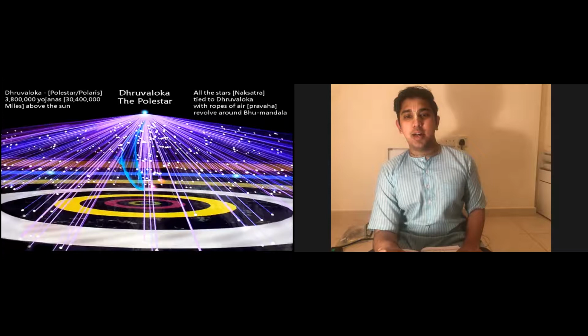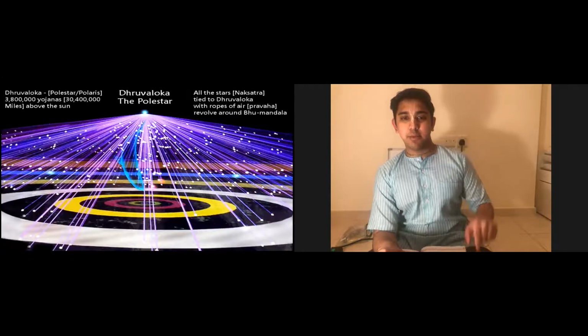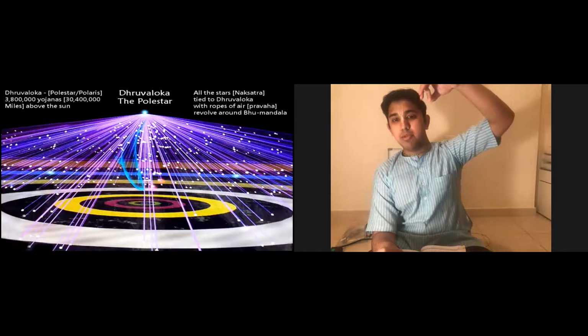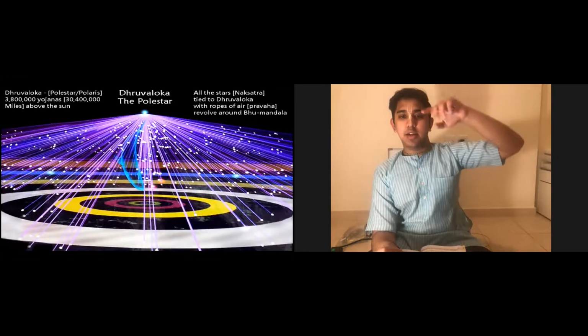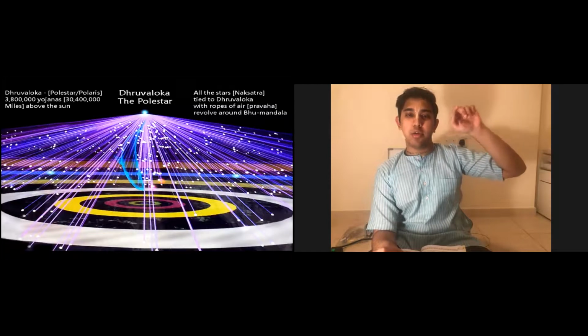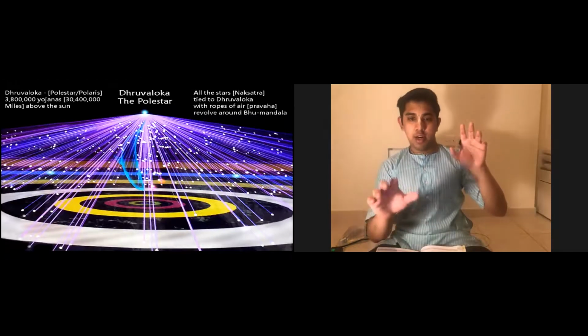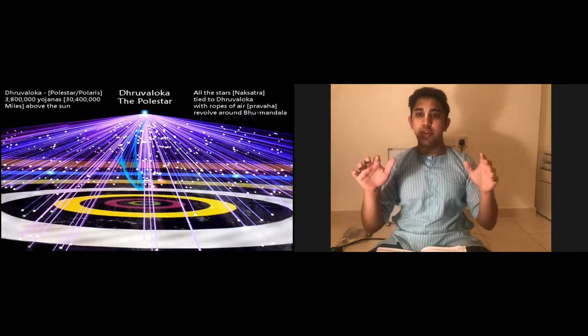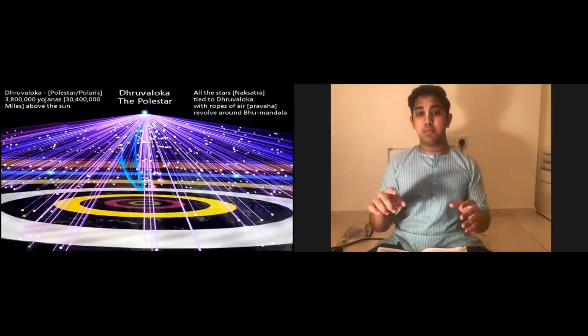So the pole star is said to be like the pivot, the hub, the axis. Connected to the pole star are all these luminaries, these constellations. They're all tied to the pole star with the ropes of air known as pravaha.